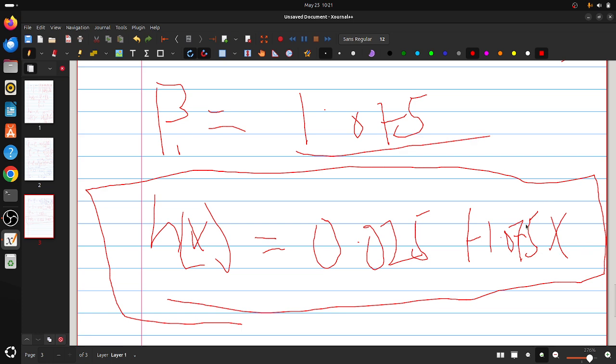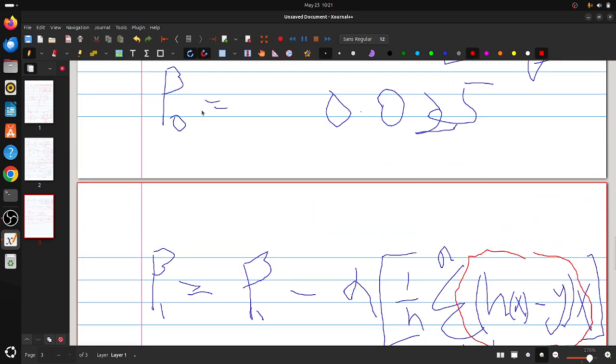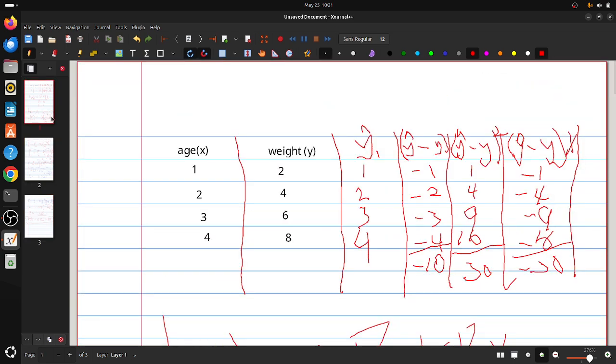Now we start feeding in the values of x, and we see.